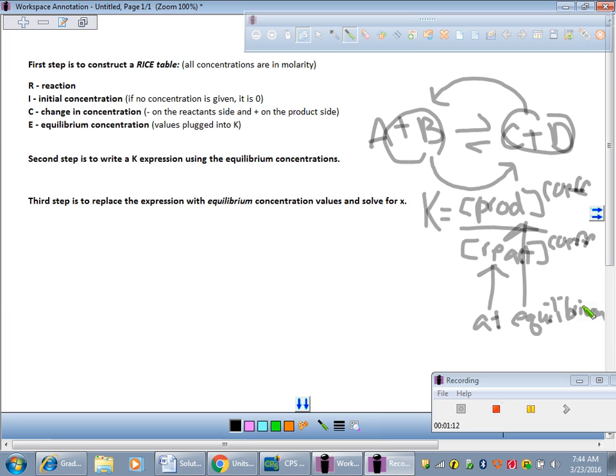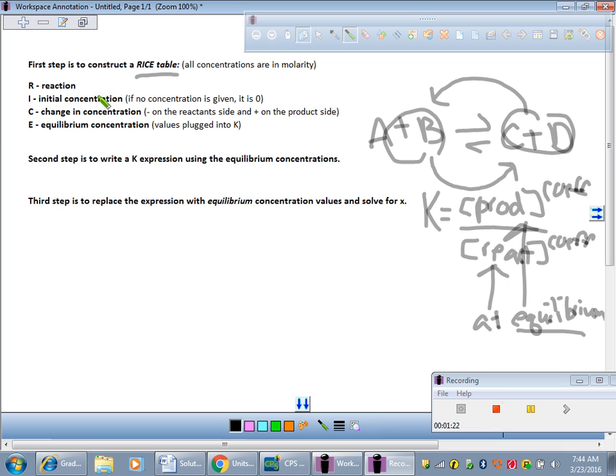And therefore, if you are given information that is not at equilibrium, you cannot plug in and solve for K right away. And that is why we write these RICE tables. It is a form of stoichiometry so we can figure out our equilibrium concentrations and solve for K.